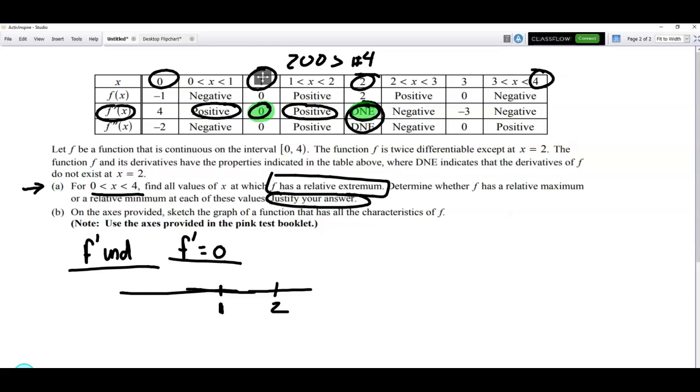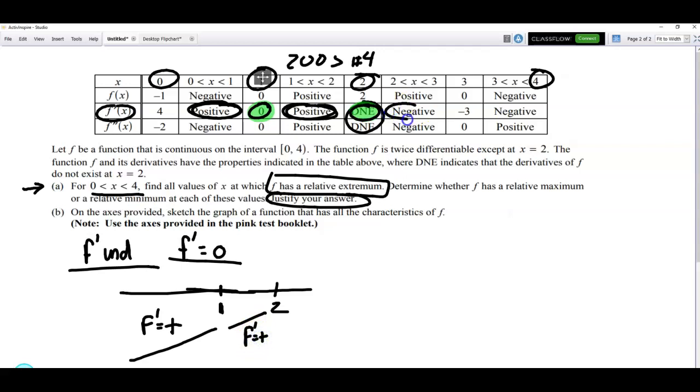Now, if I look to the left of 0, it tells me that f prime is positive. F prime is positive. That means my graph is moving in an upward direction. If I look to the right of 0, it's still positive. So my graph is still going in an upward direction there.